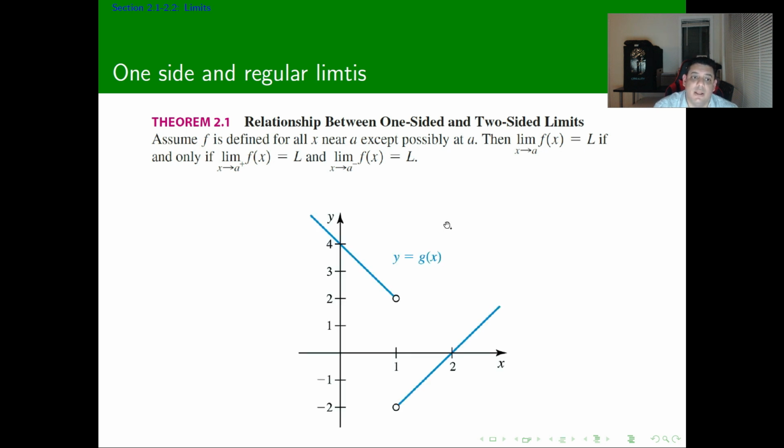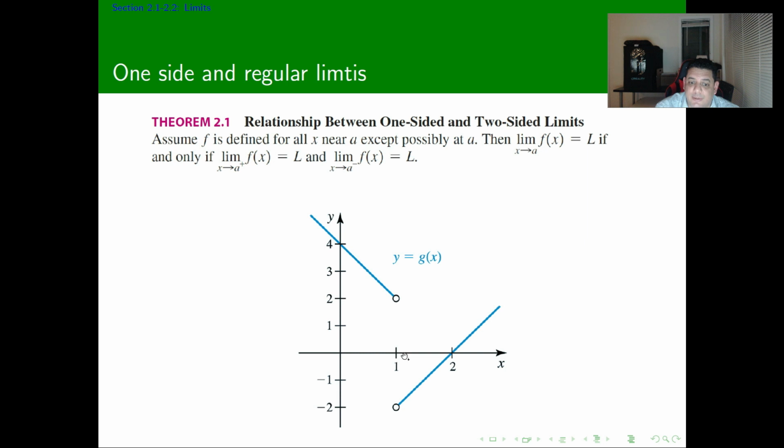Okay, so now let's take a quick look at one example where that's not going to happen. Notice that for this function g of x, when x goes to 1, by the left side, the limit goes to 2, clearly the function is approaching 2.